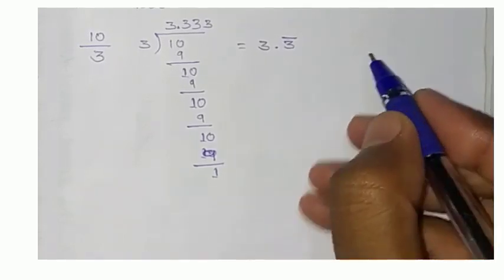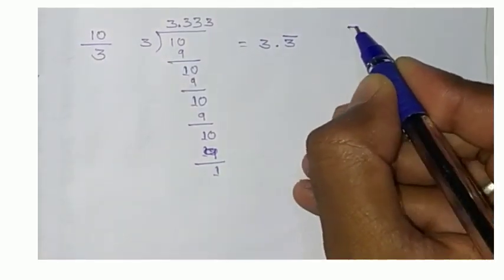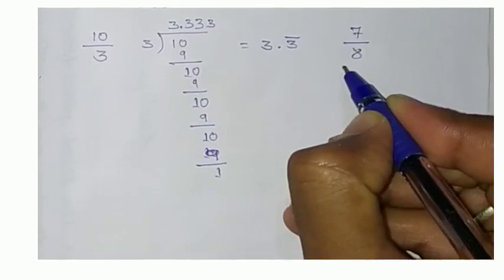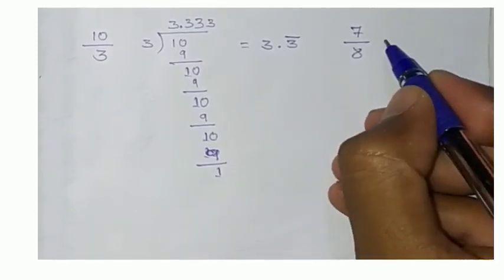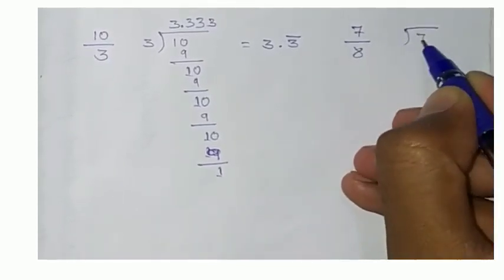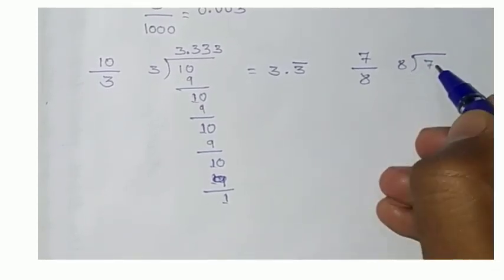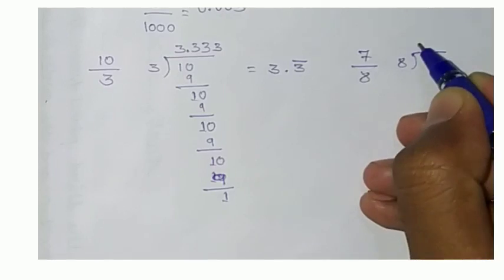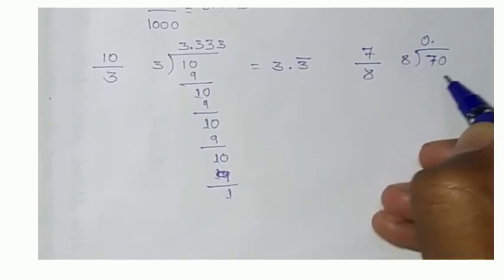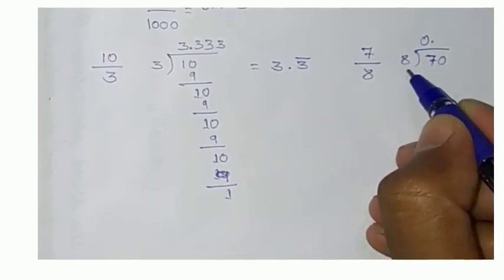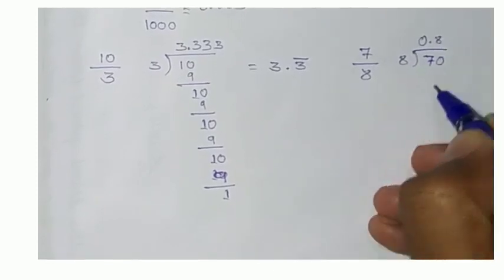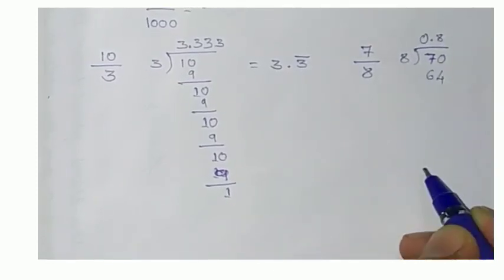Another example I will take here, that is 7 by 8. How to represent this? Again divide 7 by 8. Here 7 is not divisible, so take carry, that is 0. It will be 70. So here 8 eights are 64.